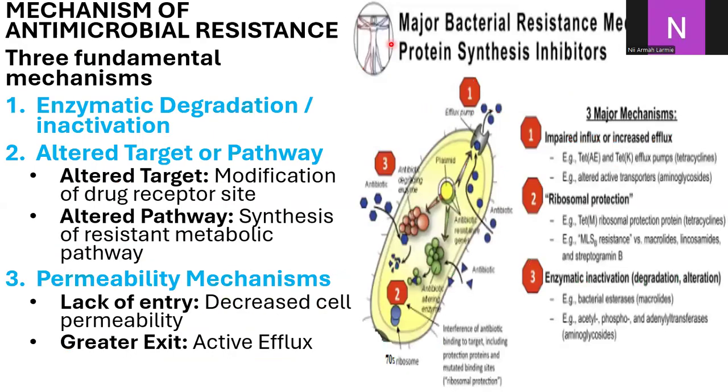These are generally the mechanisms by which organisms develop resistance. So, 3 main mechanisms. Organisms may have enzymes that they use to degrade or inactivate the antibiotic. For example, we have beta-lactamase, which organisms use to destroy the beta-lactam antibiotics. Organisms could also alter the pathway.